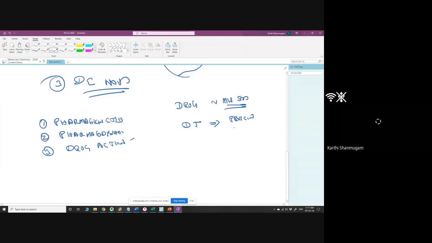Next is DNA or RNA, which we can generally call nucleic acid. They can act as drug targets. Lipids can sometimes act as drug targets, as can glycoproteins or carbohydrates. These are special types of proteins in which the carbohydrate is embedded within the protein molecule.